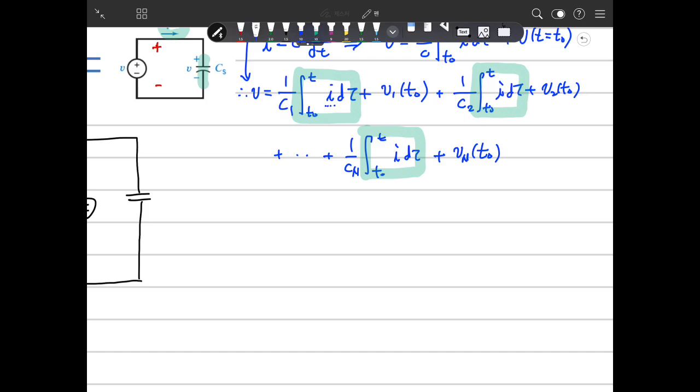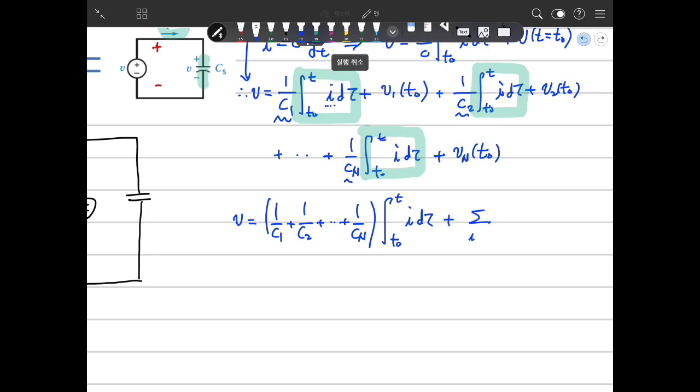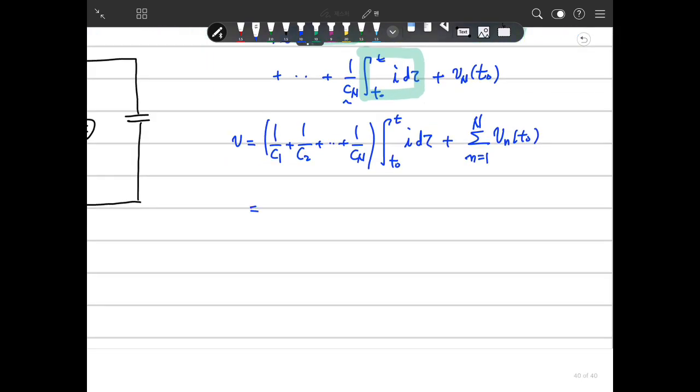So we can rewrite this V as, based on here, 1 over C1 plus 1 over C2 up to 1 over Cn, times the integral from t0 to t of I dτ, plus the sum from n equals 1 to N of Vn(t0). So we can rewrite it here as the sum of 1 over Cn, times the integral from t0 to t of I dτ plus V(t0).